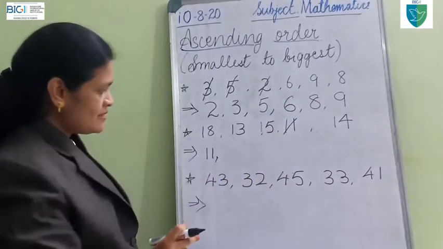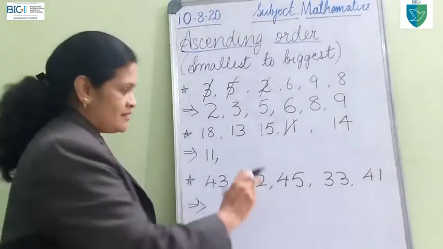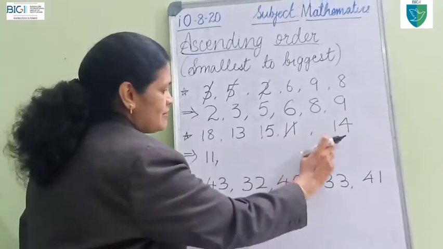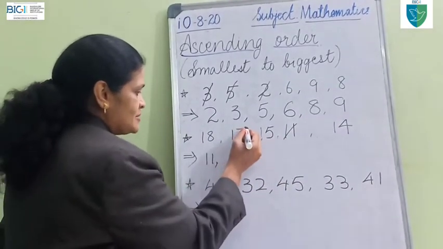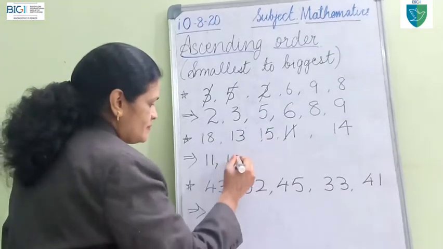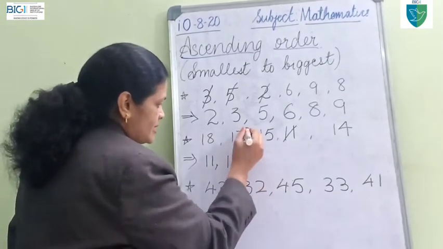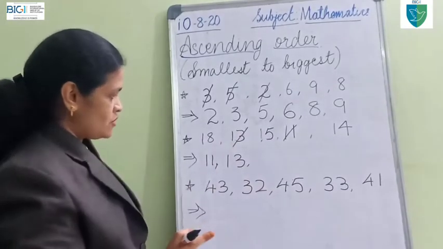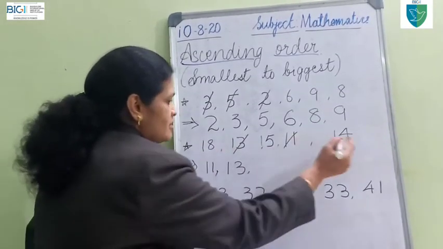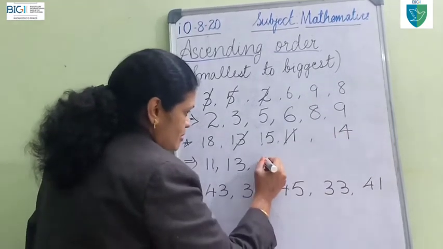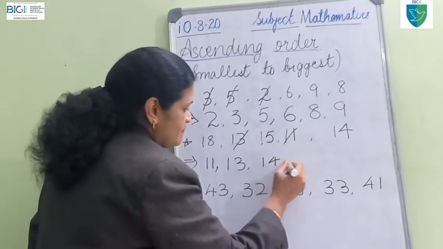Then we are left with 4 more numbers. In these 4 numbers, which is the next smallest number? It is number 13. Right? Now we are left with only 3 more numbers. Among these 3, the smallest number is 14.